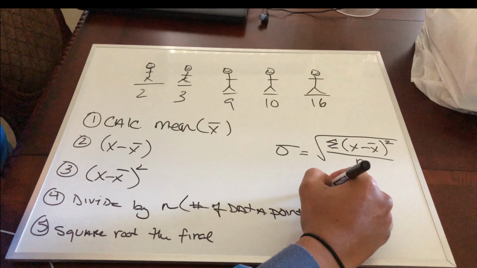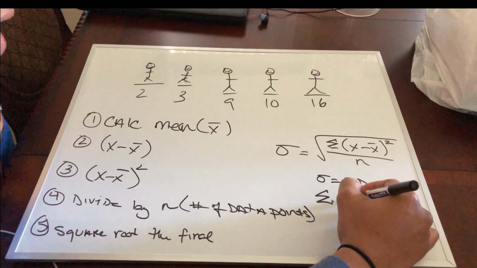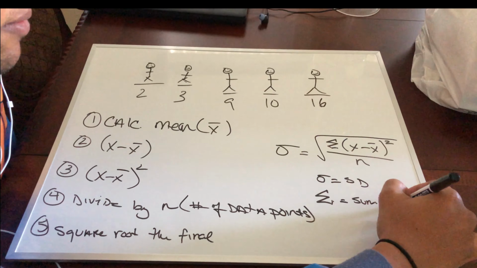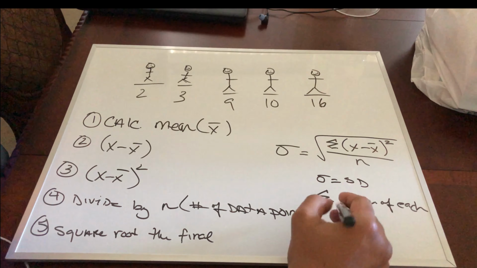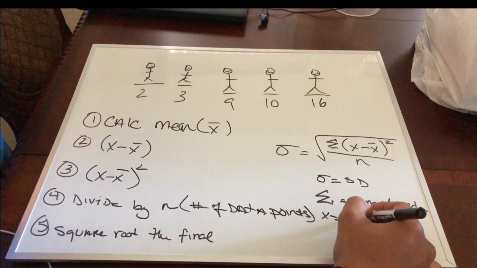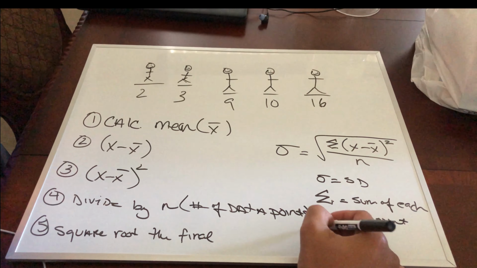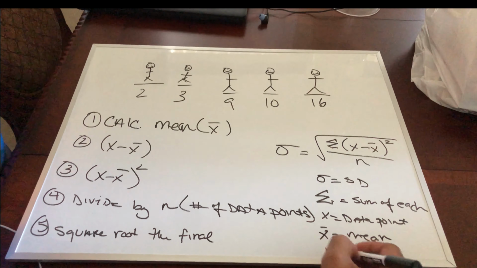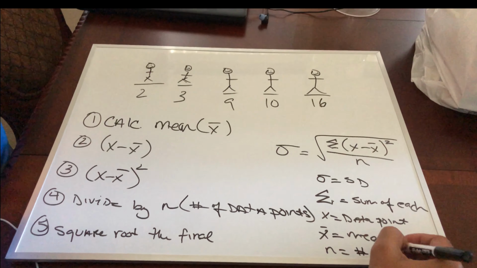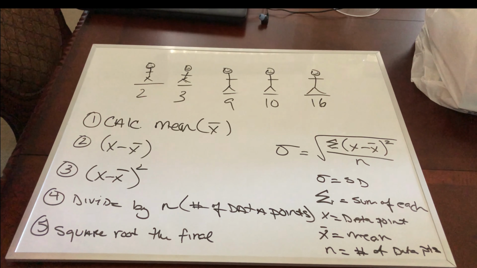Capital sigma equals the sum of each, meaning the sum of this entire thing here. X equals your data points, x bar equals your mean, and n is your number of data points. These are the different things that will help you calculate your standard deviation.